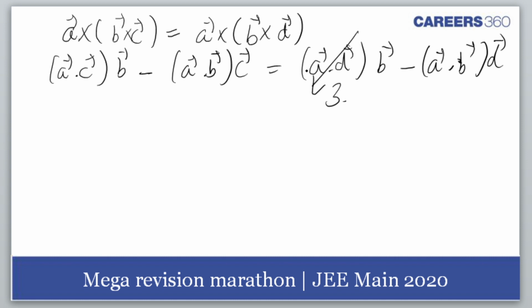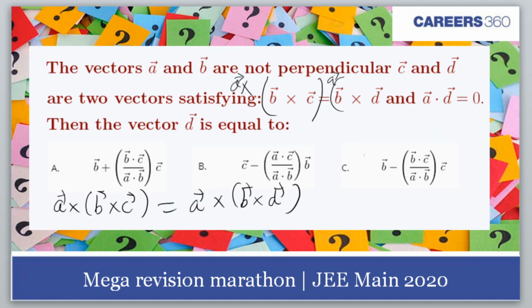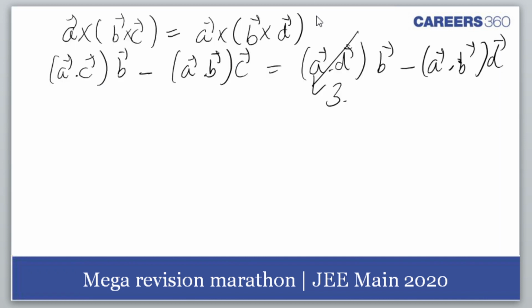And what else was given? I'll have to look once more here. B cross C is B cross D, the two vectors A and B are not perpendicular, and A dot D is 0. Sorry, A dot D is 0. I wrote it as 3. So A dot D is 0.